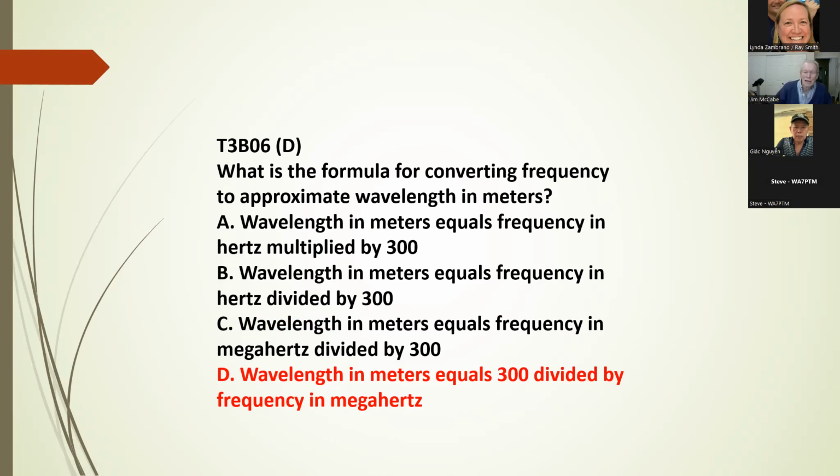Again, the thing to remember here is 300 divided by. All of the other answers are something multiplied or divided by. It's not 300 divided by, it's something divided by 300 and multiplied by 300. So that's the easy way to remember this. It's always 300 divided by one or the other. So the wavelength in meters is 300 divided by the frequency in megahertz.